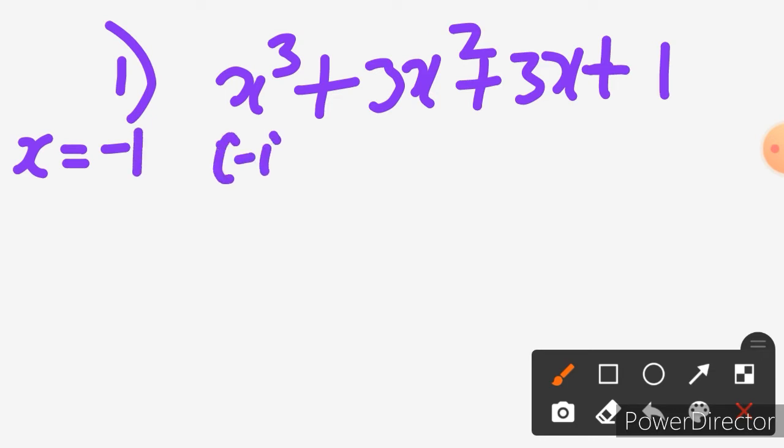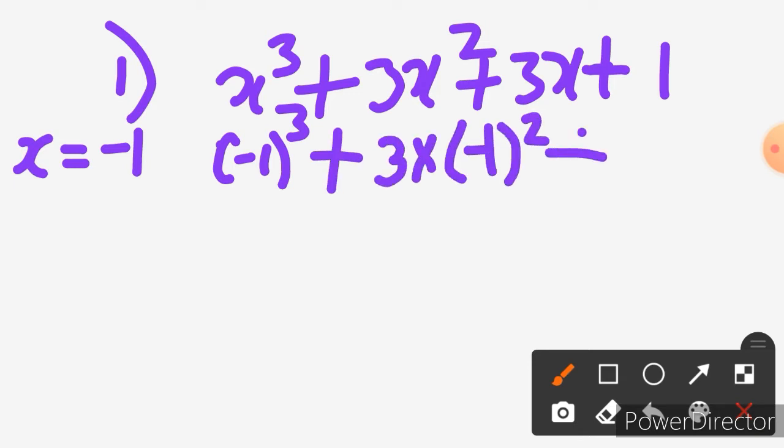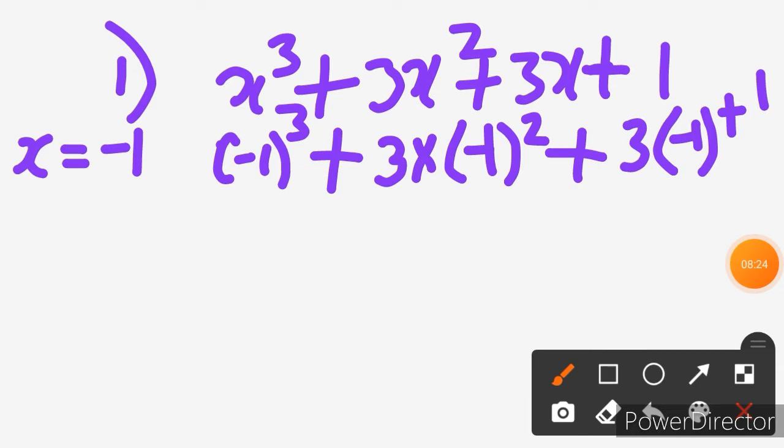That means minus 1 whole cube I'll get if I replace x as minus 1, plus 3 into minus 1 whole square, plus 3 into minus 1, plus 1. Clear? Now, below, do not forget to put the equal sign, otherwise it will look awkward.